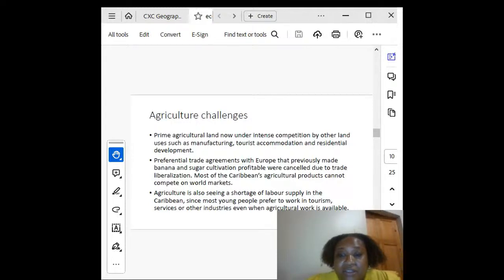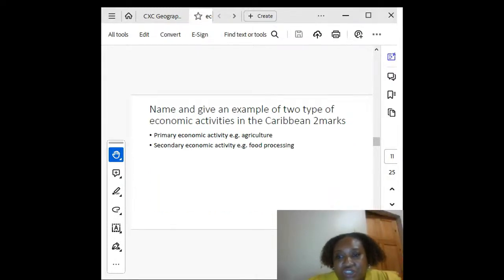And then agriculture is also seeing a shortage of labor supply as, with the closure of sugarcane, most young people don't want to work in the sugarcane or agriculture industry anymore. They find jobs in tourism or in manufacturing or the service industry, right?